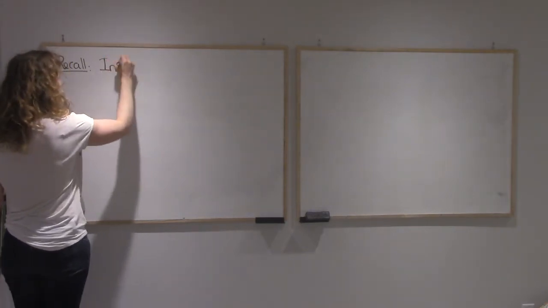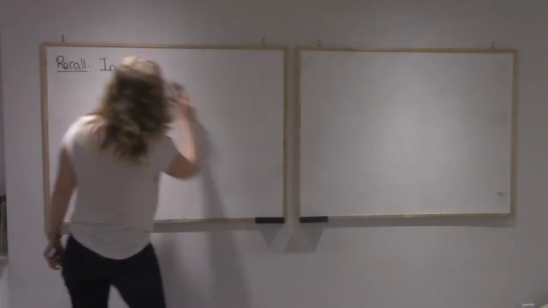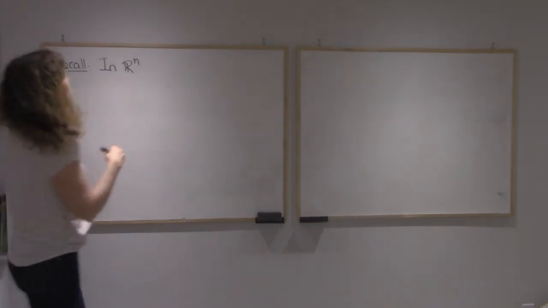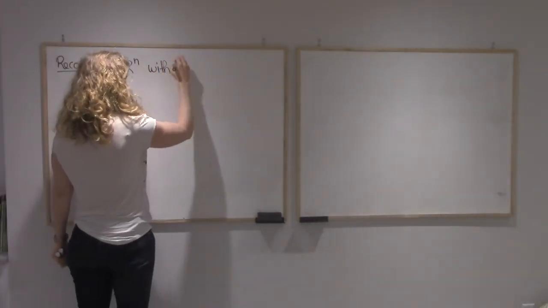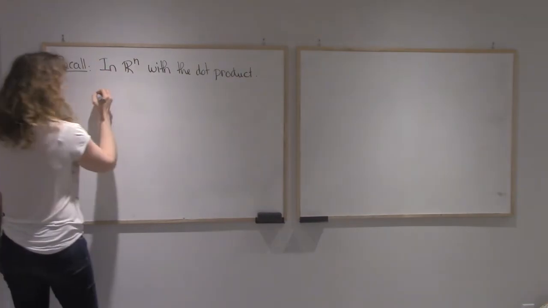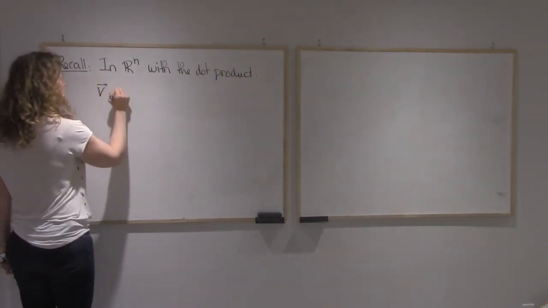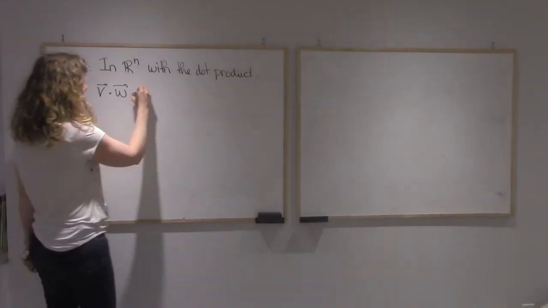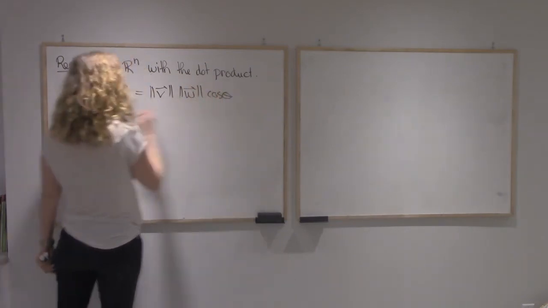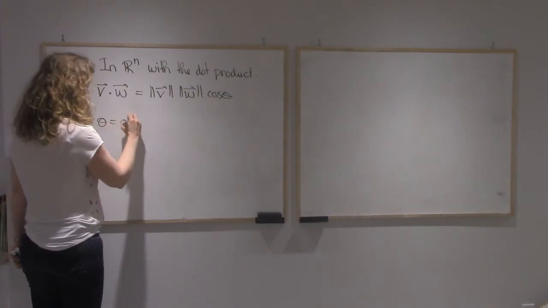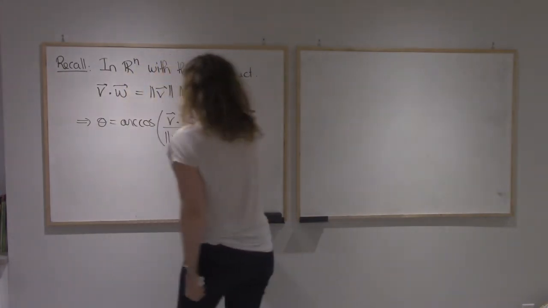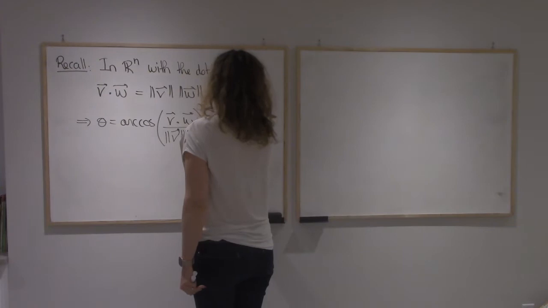In Rn, the Euclidean space with the dot product, we've proved that if I take the dot product of two vectors, we get the length of v, the length of w, cosine theta, and so we use this to get that theta is arc cosine of the dot product over the length of v, length of w.